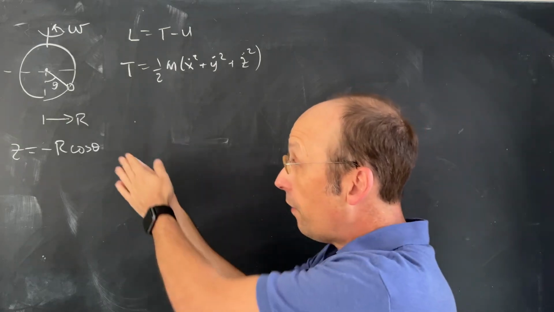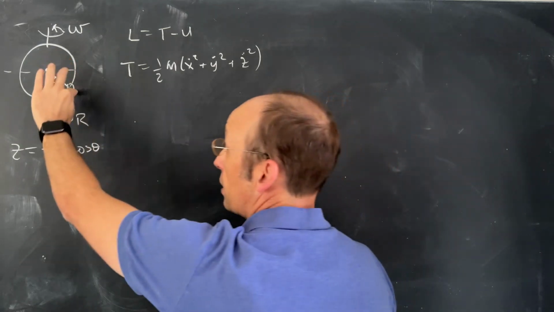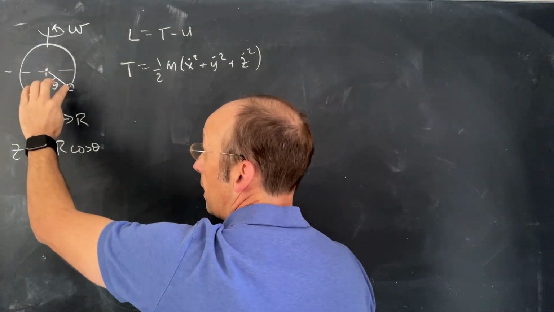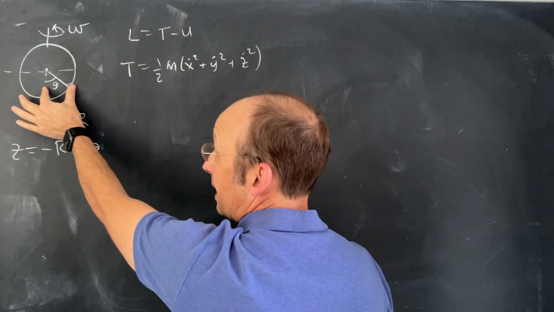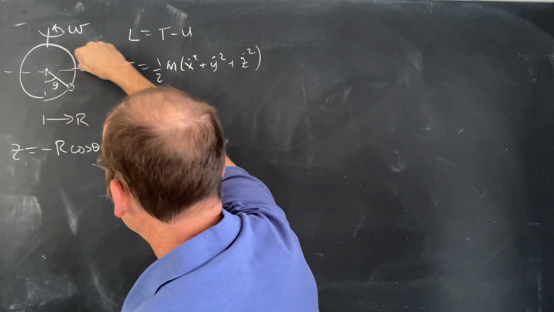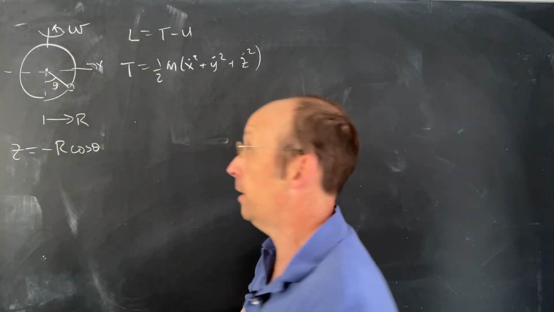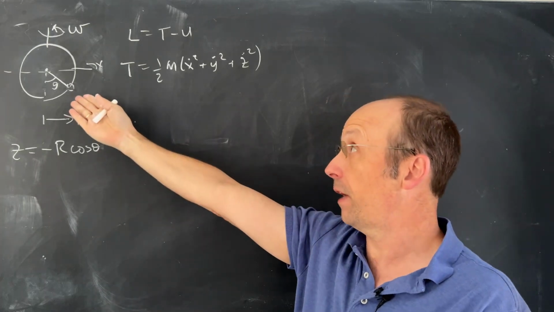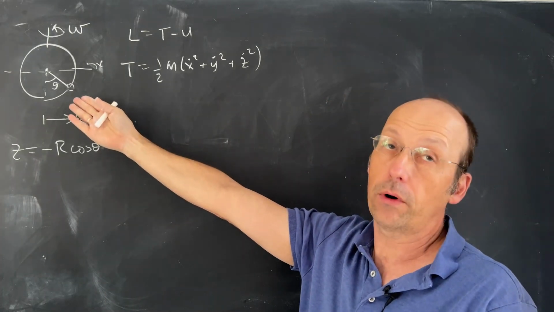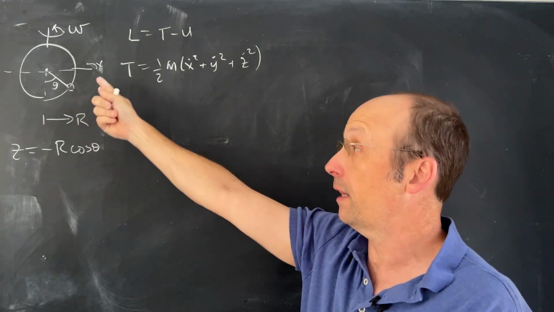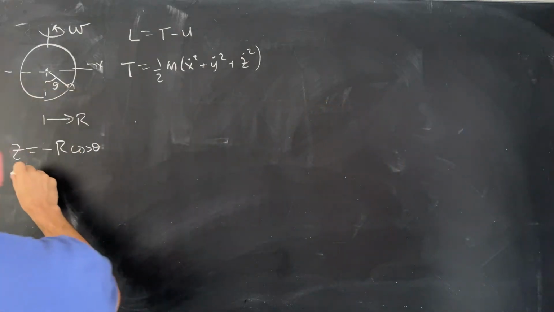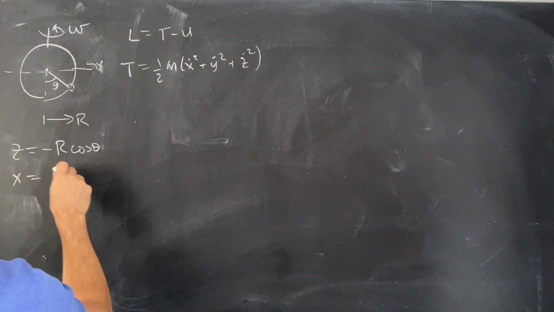That's the projection of this onto the z-axis. This is the projection onto the xy plane. In this position, it would have no y coordinate, but it would have an x coordinate, and that would be r sine theta.